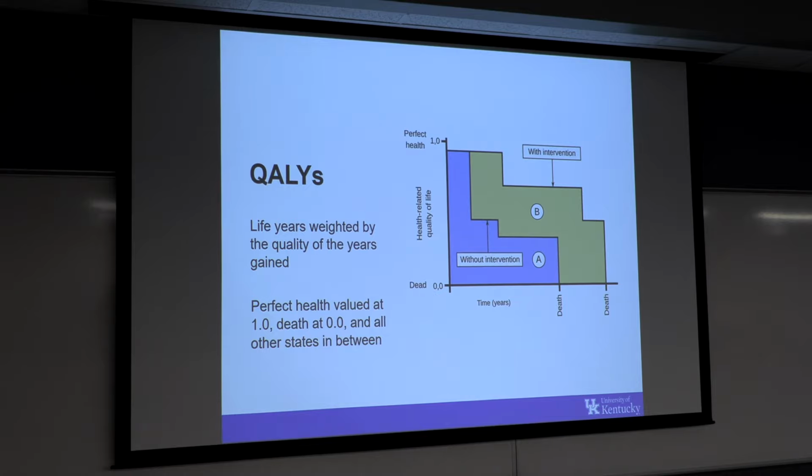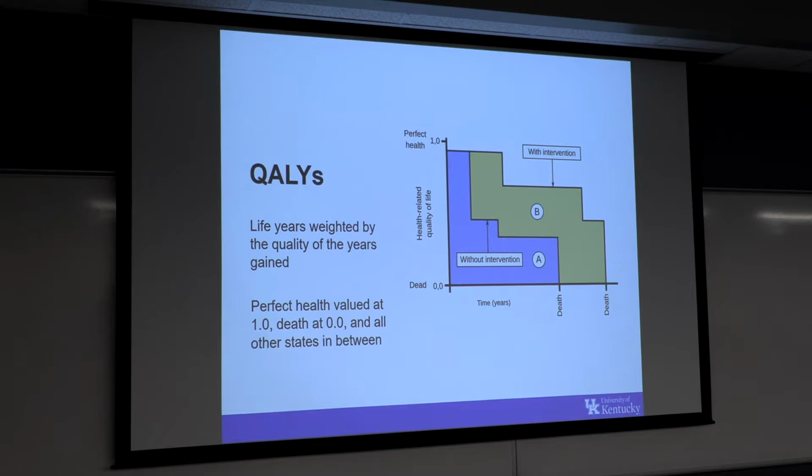They would have lower health-related quality of life, and they would die. Suppose we have another intervention that would extend your better quality of life and increase your length of life. Then the incremental QALY is B, the yellow area.